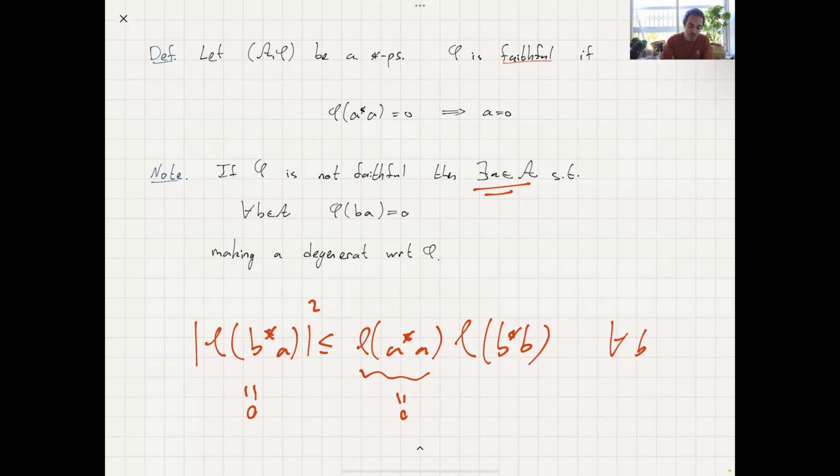Then this means that A makes phi degenerate, right? You can't learn anything. Once you take the product with A, all the information that lies in phi vanishes. So that's another reason to include into our abstraction the fact that we want phi to be faithful. Okay.